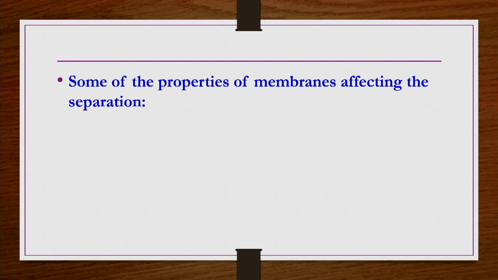Now, we understand that the properties of the membrane are definitely going to have an effect on the separation process, because depending on the nature of the membrane, on the charges on the surface, and even on the porous structure, how narrow the pore sizes are or how wide a range of pore structures there is, the separation process is going to be affected.